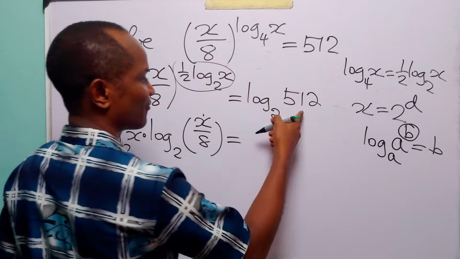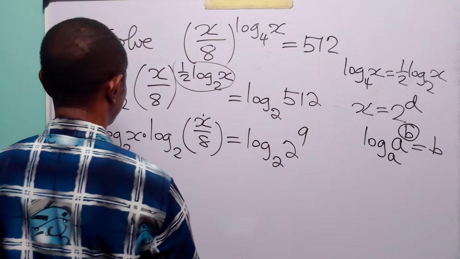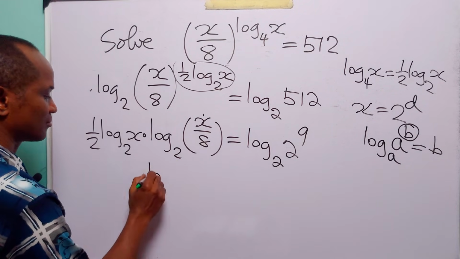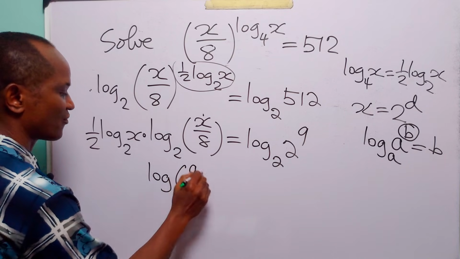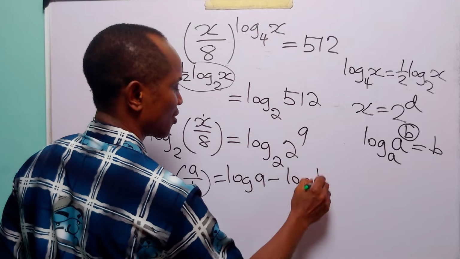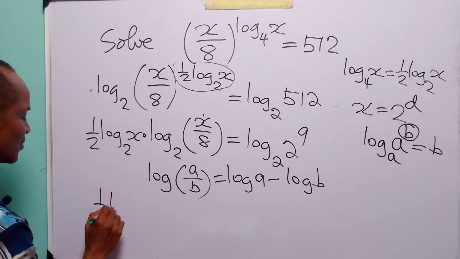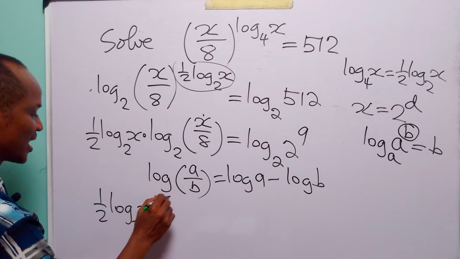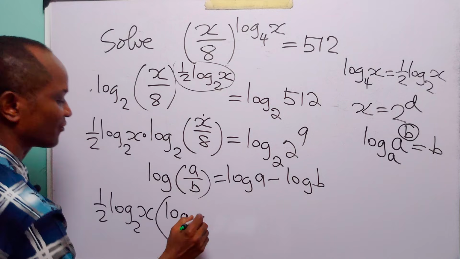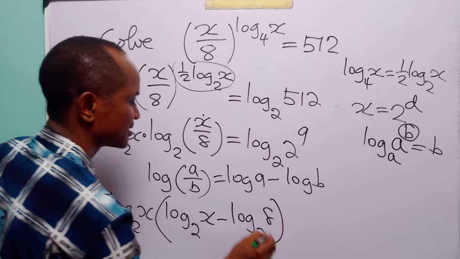But now remember that 512 is 2 to the power 9. Now, we can expand this. Of course, you know that log A over B is equal to log A minus log B. So that means that this left-hand side is the same as half times log to base 2 of x multiplied by log to base 2 of x minus log to base 2 of 8.